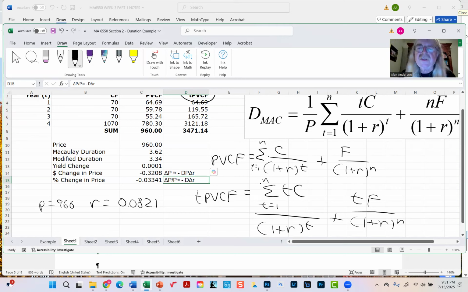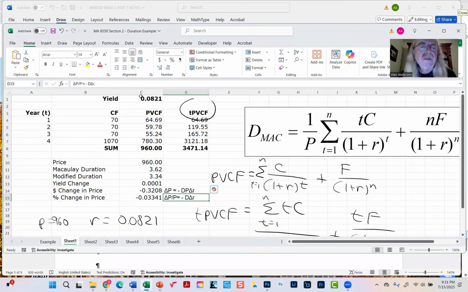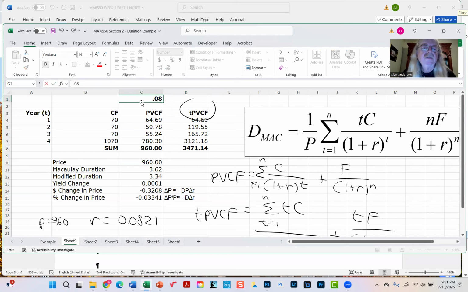So all we have to do to see the actual impact on the price, not the approximation, would be to go to the top here. Actually, let me fix that one more time here. And actually change it. Let's see what happens when it changes to 0.0822.